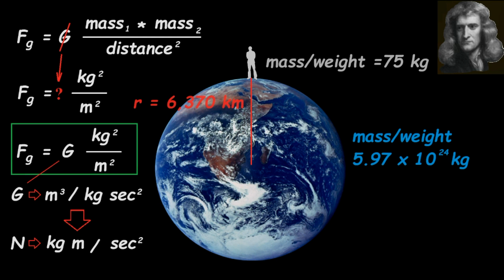You can see there if you put the gravitational constant G, which is meter cubed divided by kilogram second squared, in that force equation, well, you cancel out the meter cubed with a meter squared, leaving meter at the top, okay? And you cancel the kilogram squared at the top divided by kilogram at the bottom. That gives you kilogram at the top, and eventually second squared at the bottom.